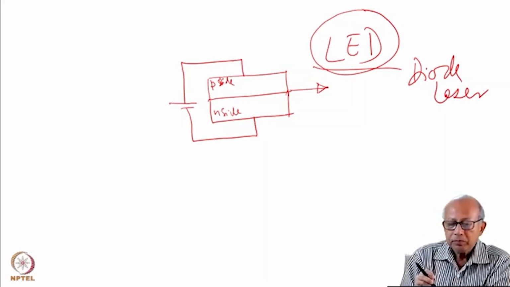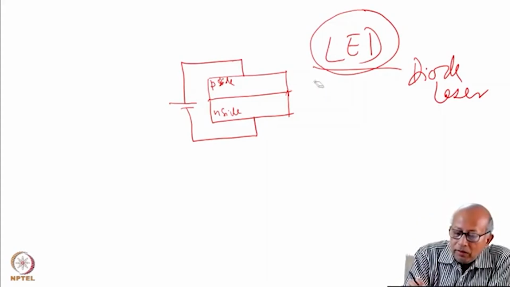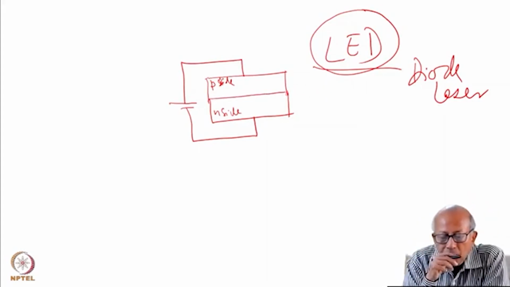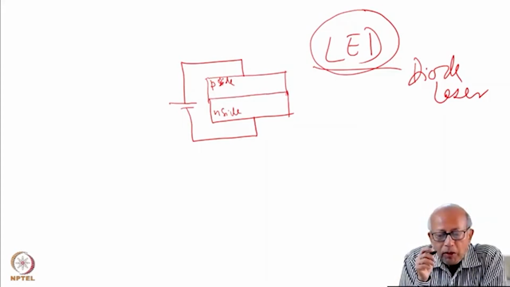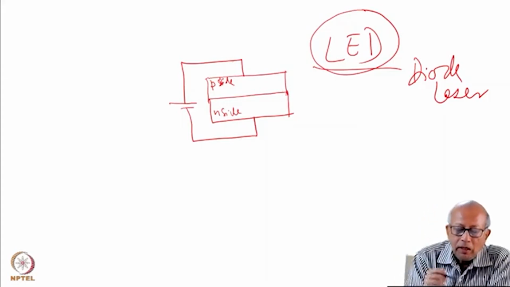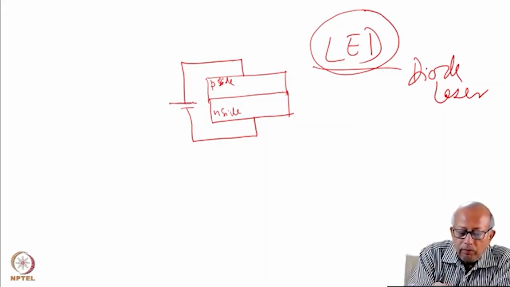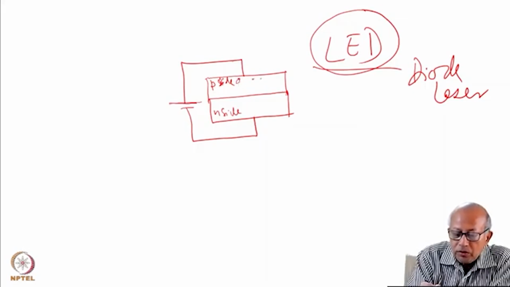You see, when the PN junction is forward biased, then the battery pumps holes into the P region and electrons into the N region.